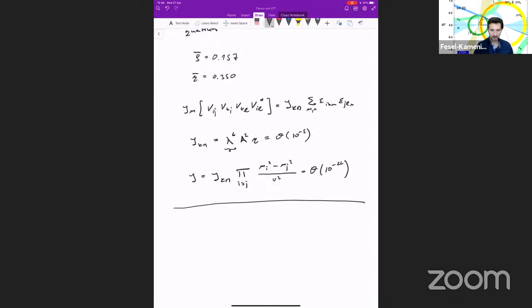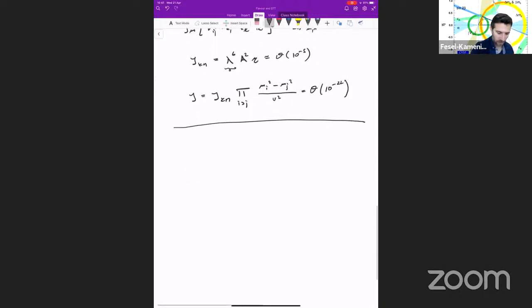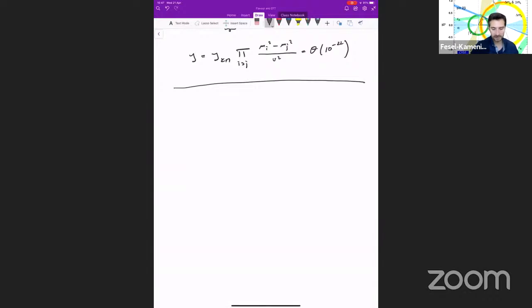Now let's dive into the details a bit and try to understand how we actually derive constraints on rho bar and eta bar, and especially eta bar. So we're especially interested in the determination of this phase of the CKM using CP asymmetries related to neutral meson oscillations.